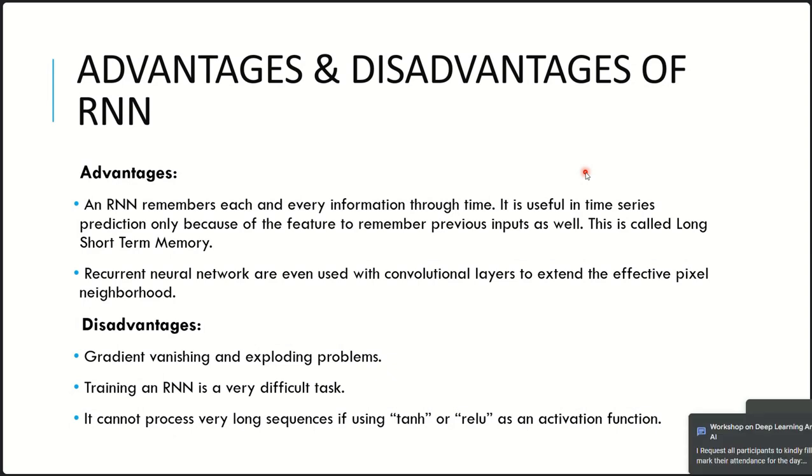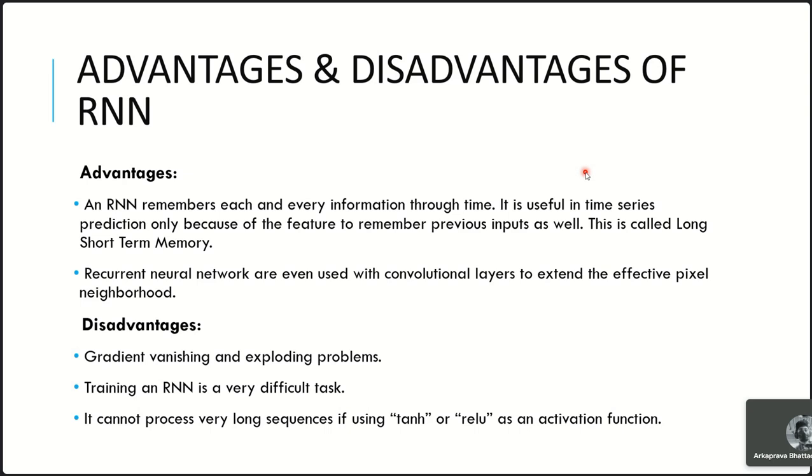there are mainly three disadvantages. One, the gradient vanishing and exploding problem. Then, training an RNN is a very difficult task, as I just now mentioned, because using a normal tanh function, you will not be able to implement all the applications.